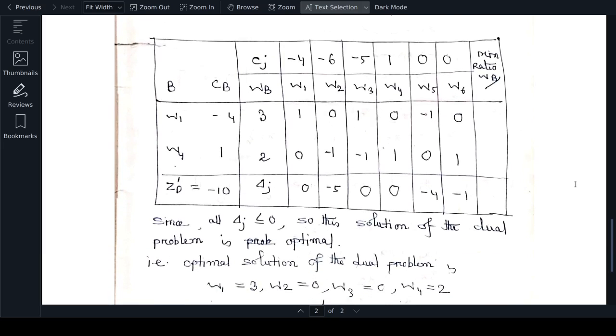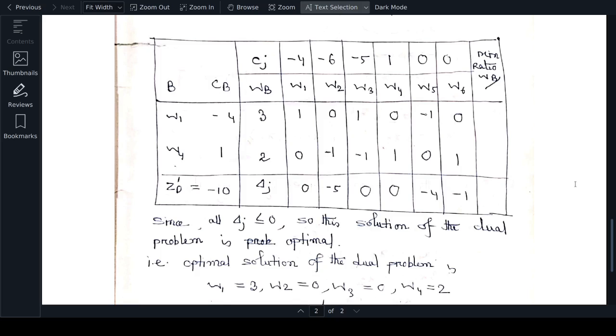So you see in the second table, in the B column, W1, W4, and in C_B we write -4, and the coefficient of W4 in the objective function is 1. So write 1. Then how to write the rows? First we write the second row. Second row means W4 is present in this row, we fill it up.